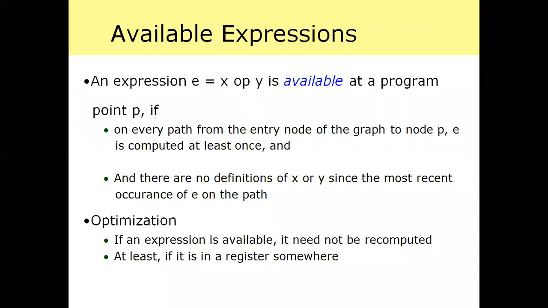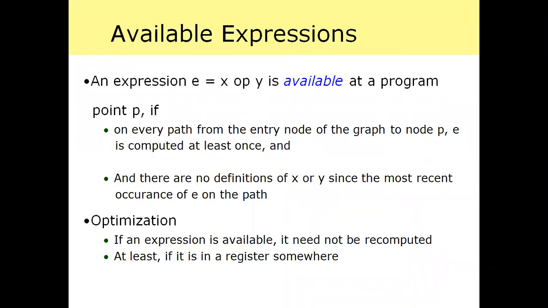We need to satisfy two conditions to show that the expression is available. One is: on every path from the entry node of the graph to the node P, the expression is computed at least once.